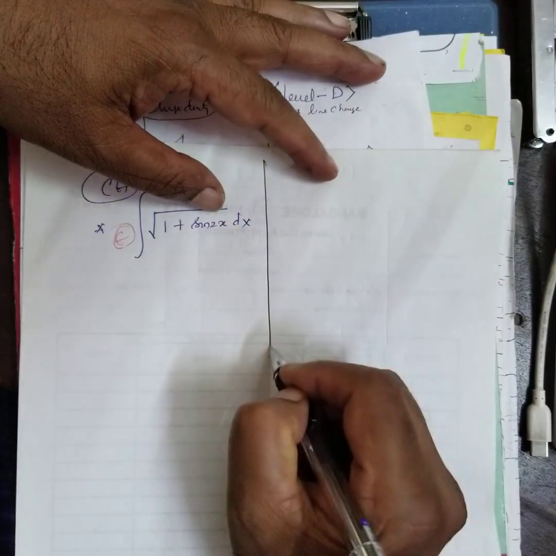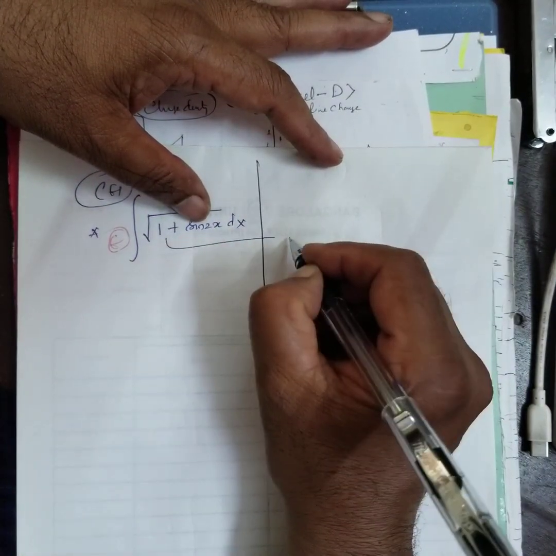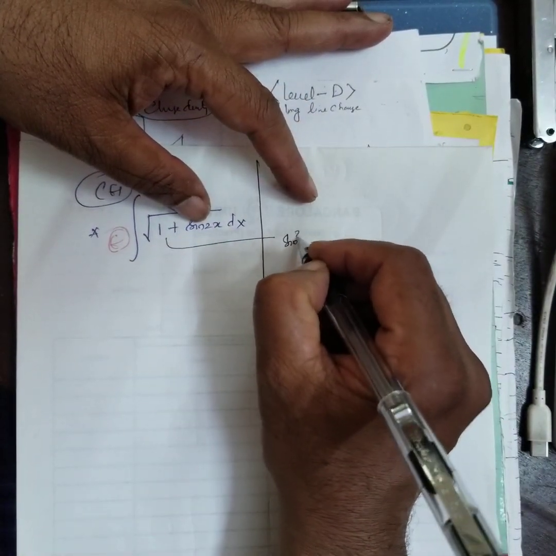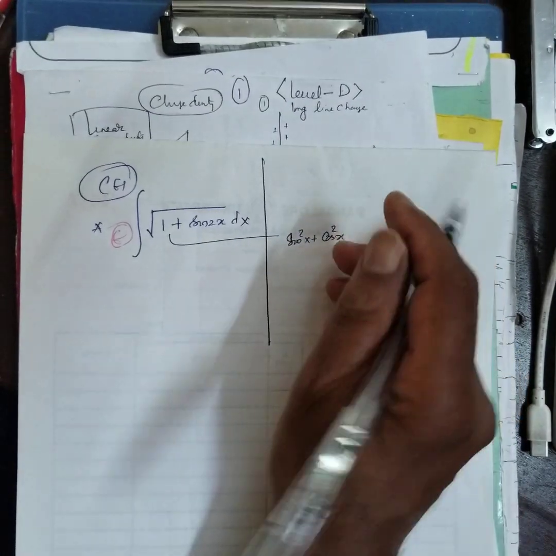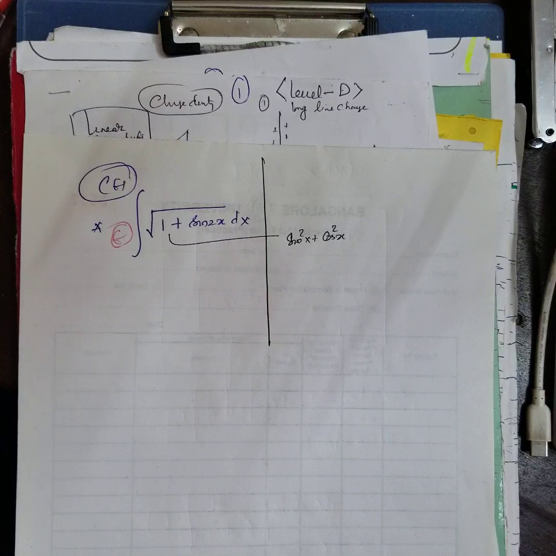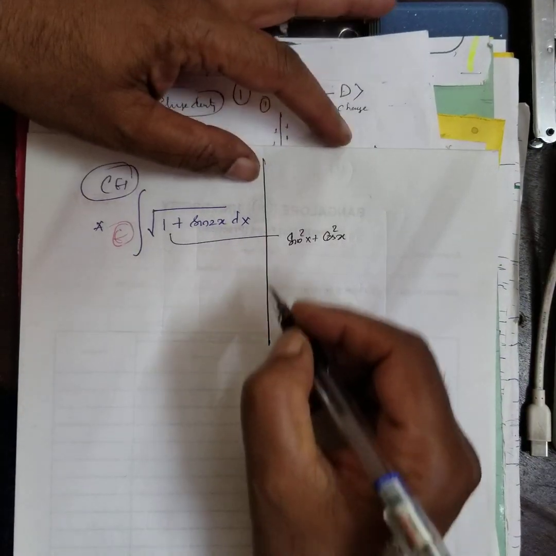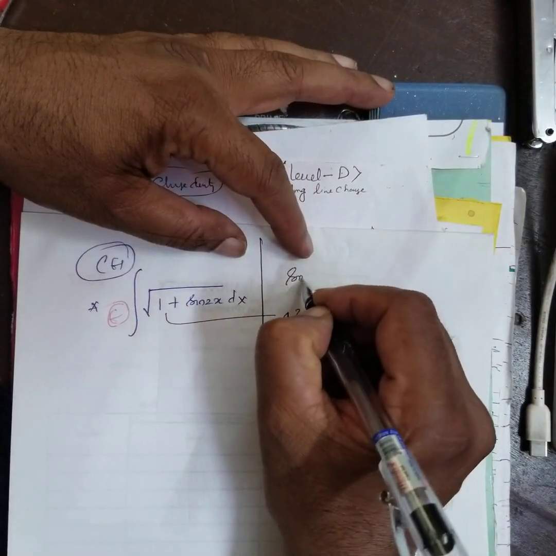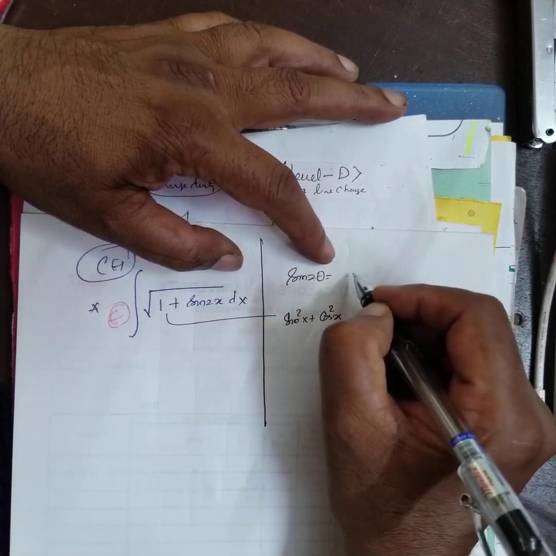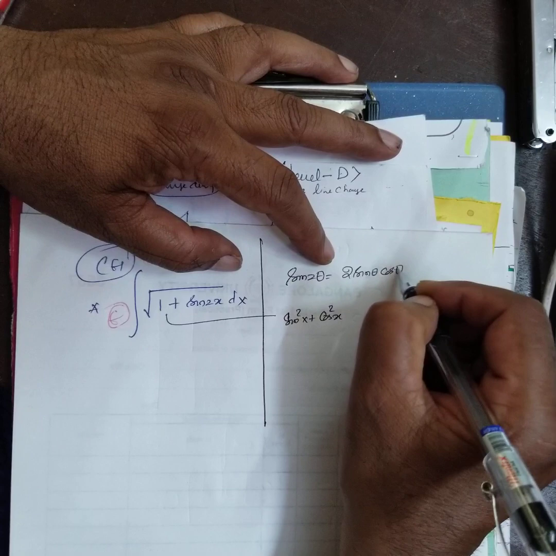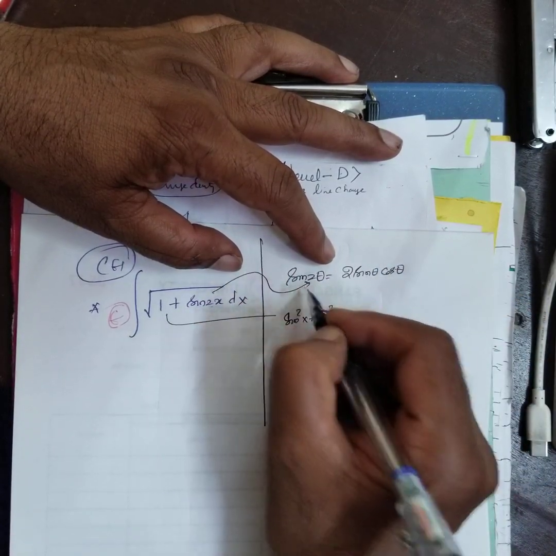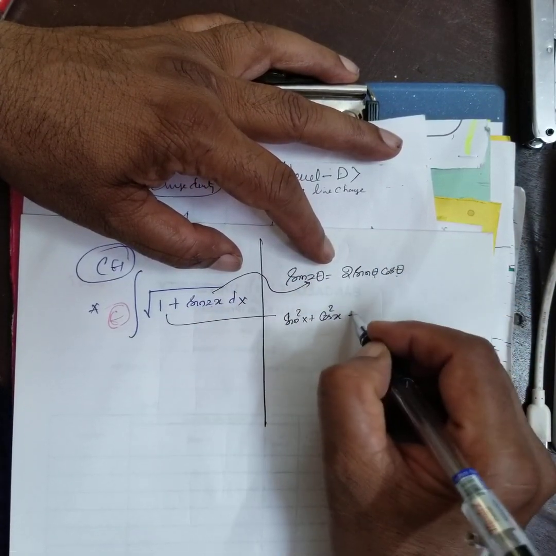See here, one can be written as sin square x plus cos square x. See, there is a formula for sin 2 theta. What is sin 2 theta? 2 sin theta cos theta. Therefore sin 2x is equal to 2 sin x cos x, correct?